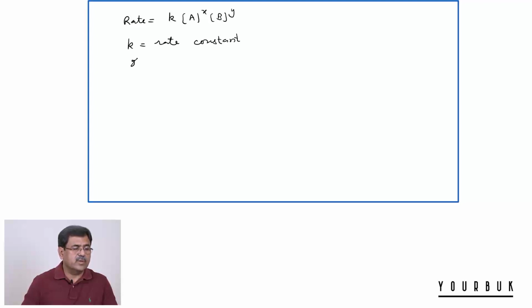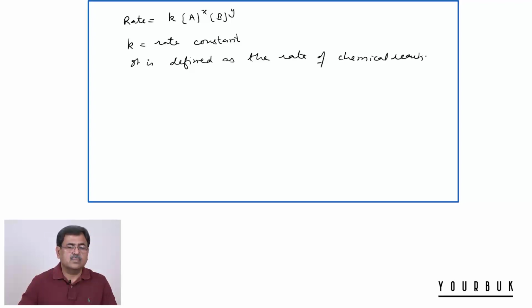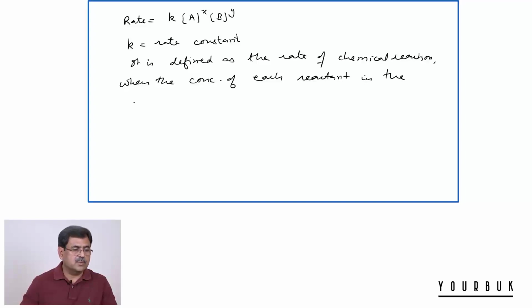And this rate constant is defined as the rate of a chemical reaction when the concentration of each reactant in the rate expression is taken as 1 mole per liter.